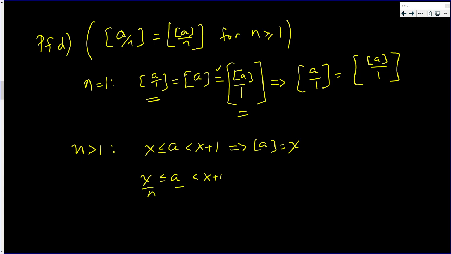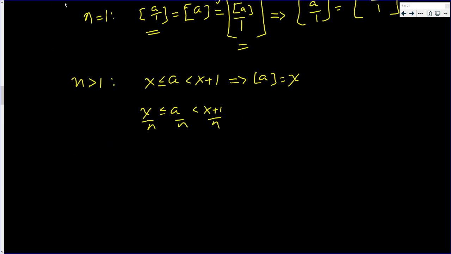And I'm going to divide by n. This tells me that the greatest integer of x over n is less than or equal to the greatest integer of a over n, which is less than or equal to the greatest integer of x plus 1 over n.